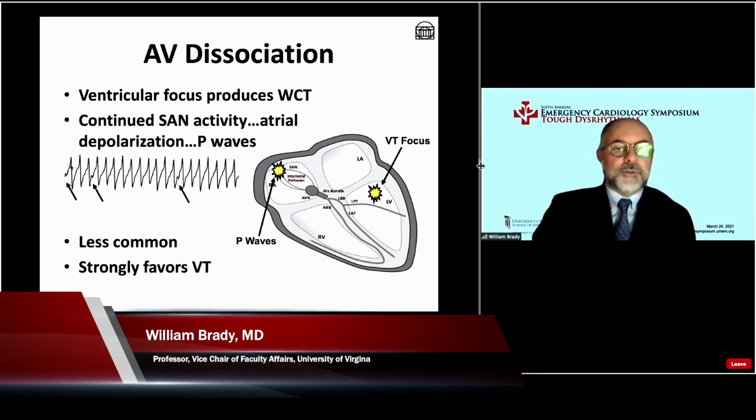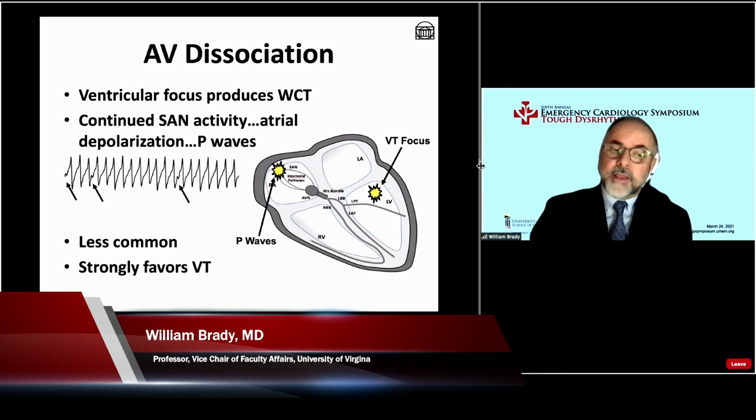So as we can see in this rhythm strip, we have a rapid, regular, wide complex rhythm that looks and acts like VT, and then these occasional small deflections, or P waves, that's AV dissociation. And when you see it, you can rule in VT to a pretty high degree of certainty. The literature tells us that this finding is in fact not very common.